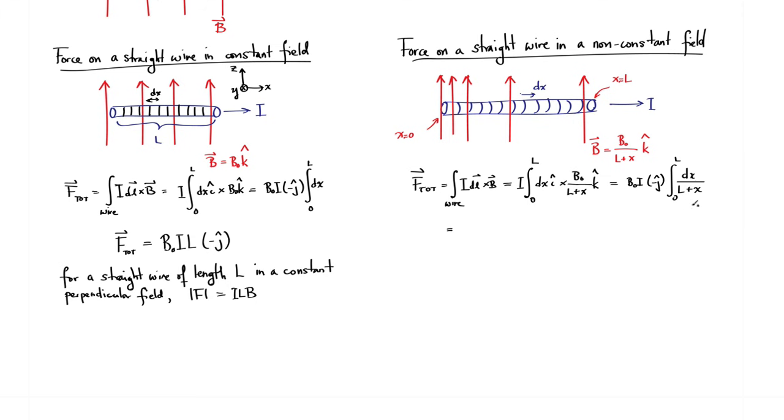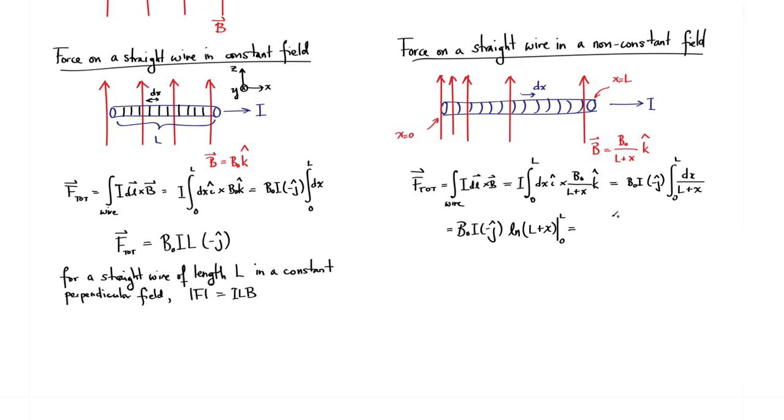So if I did a substitution of variables where L plus x was u, du would also be dx. So basically the integral of this is just log of this quantity on the bottom. So I still have all the constants out here, minus j hat. And then the integral of this is log of L plus x evaluated at L and 0.